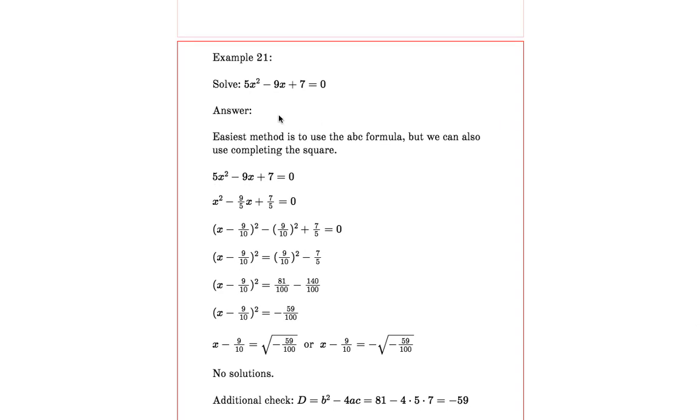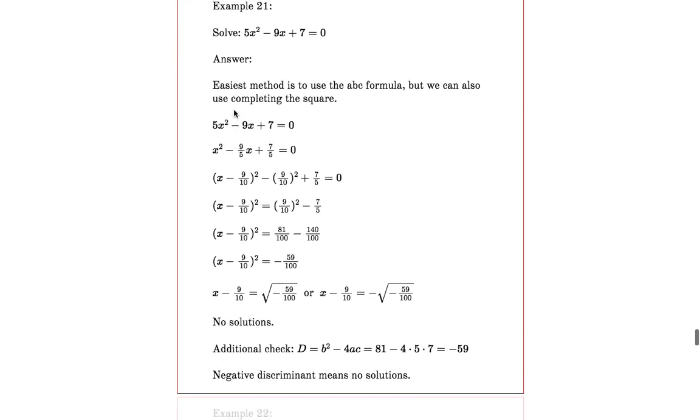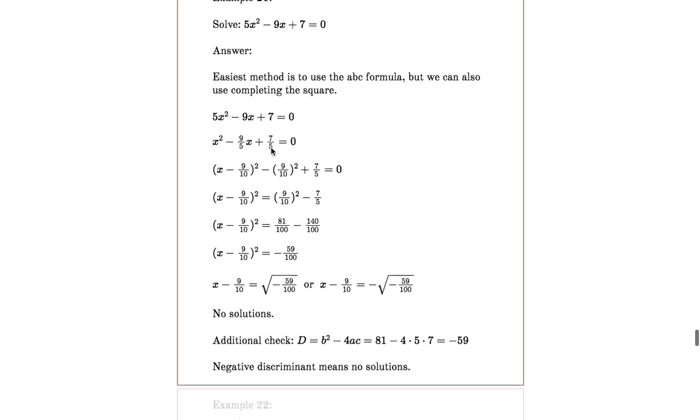Okay, let's look at this equation and solve it with completing the square. 5 times x squared minus 9x plus 7 is 0. First, we divide everything by 5, such that a is 1. So 9 divided by 5 and 7 divided by 5.